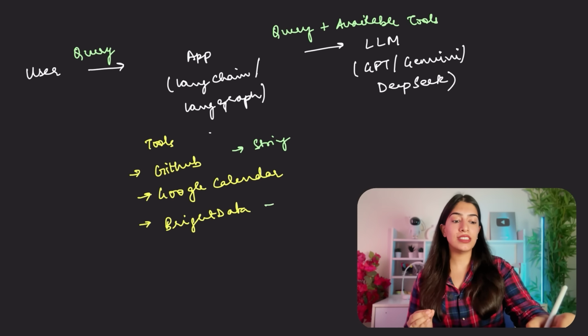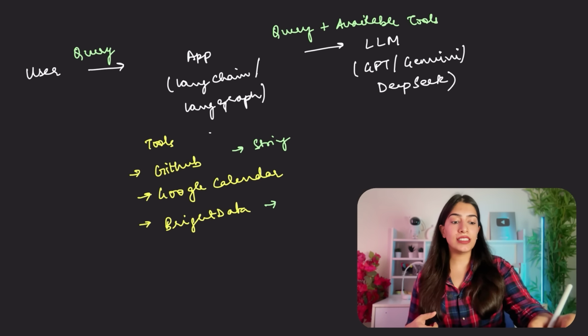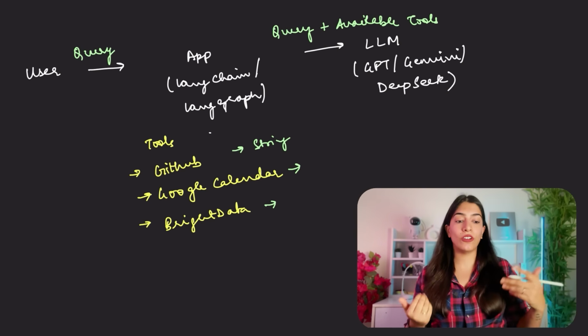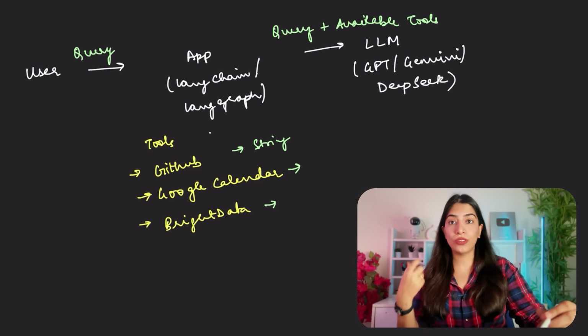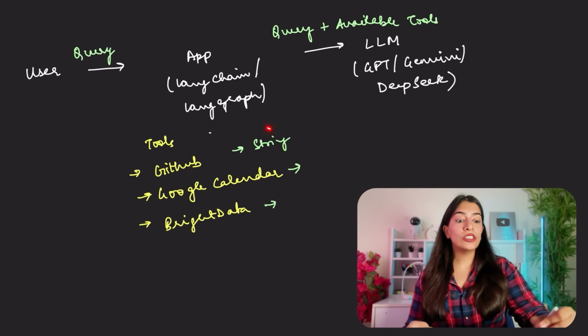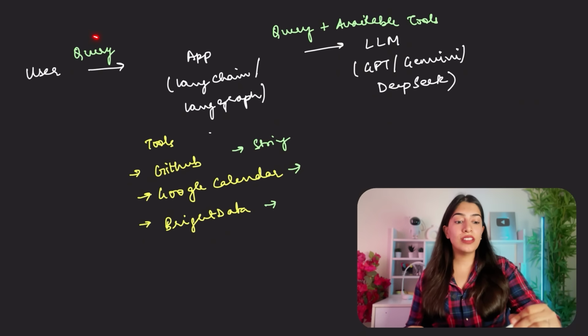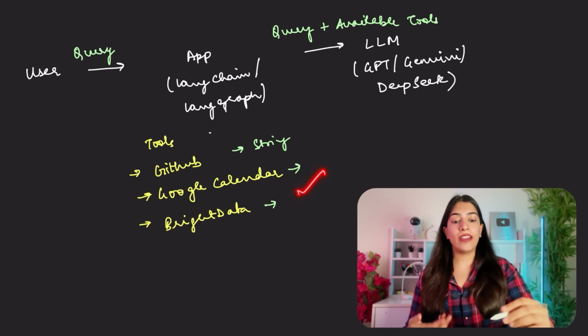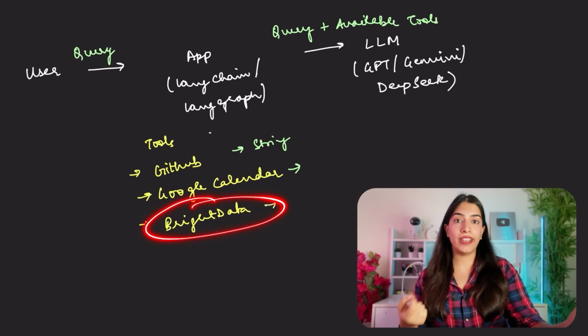For example, this searches or extracts information from various sites. This is going to help us schedule meetings or things like that, right? So our LLM is going to understand from this string, because LLM is good at understanding natural language. So looking at these strings, our LLM is going to understand that for this particular query, I will need this particular tool. Like for the latest information, the latest news, suppose I want to use the Bright Data tool.